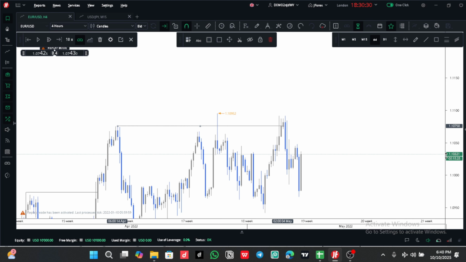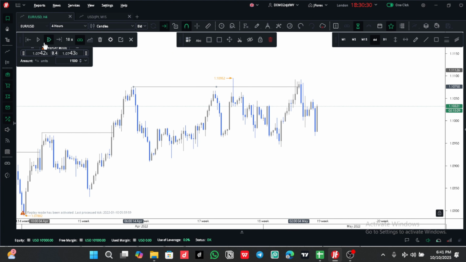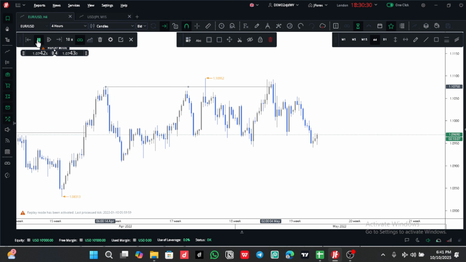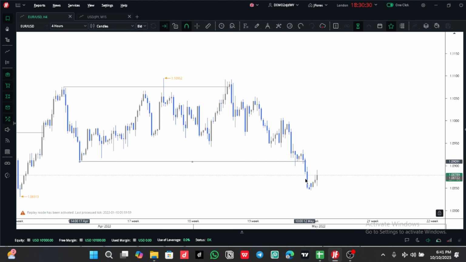Although this is not the best break of structure in the world, if I want to be mechanical and stick to my mechanical rules of mapping the break of structure, I will consider this whole move as a break of structure because it breaks with a body candle. So let's keep it simple. So finally it broke the low.